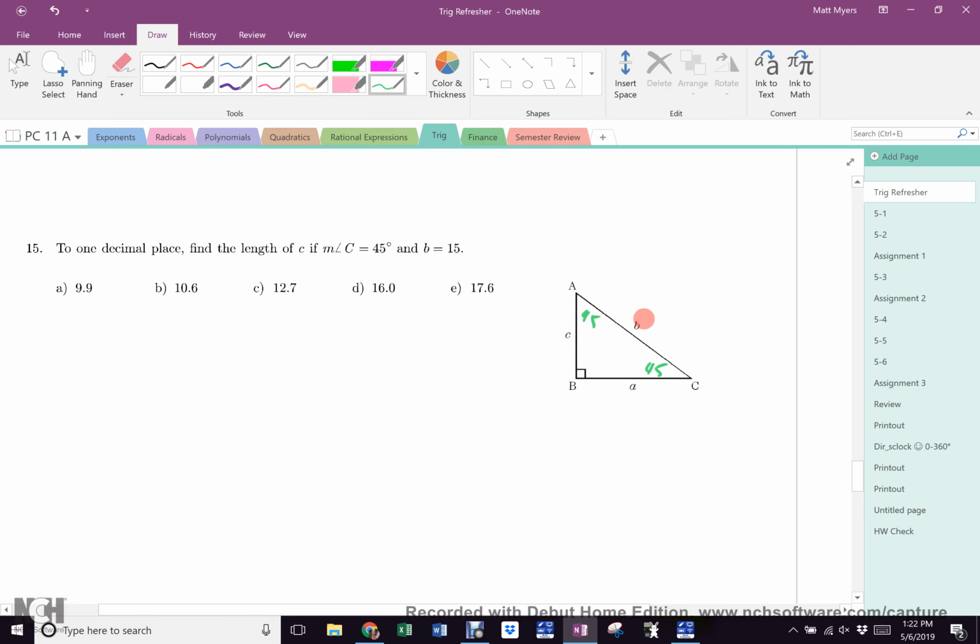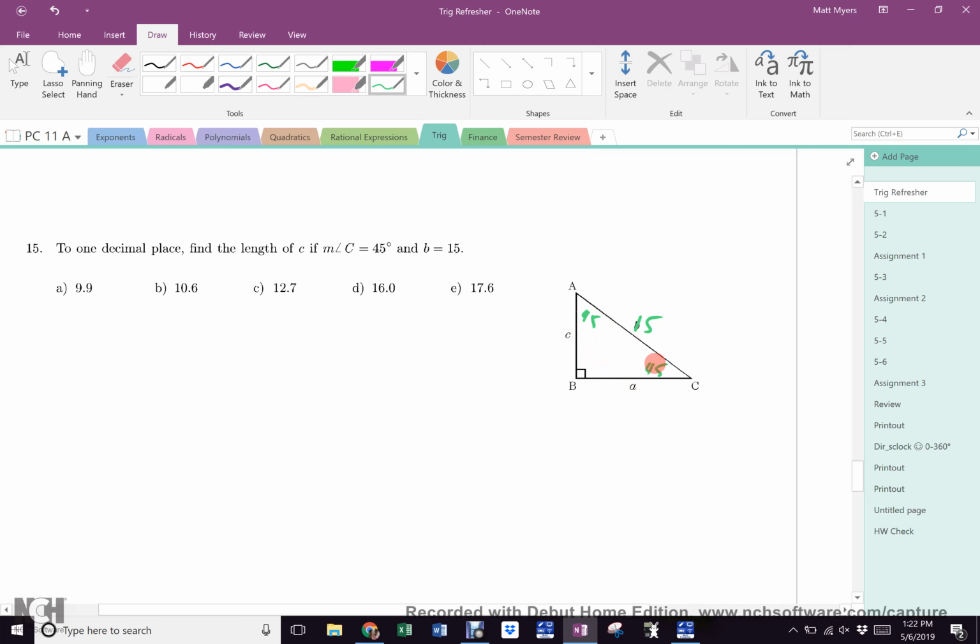If little b is 15, okay, how am I going to find c? There's two ways to find it. You could use sine, or cos, or Pythagoras, yes? Because what do you know about A and C?